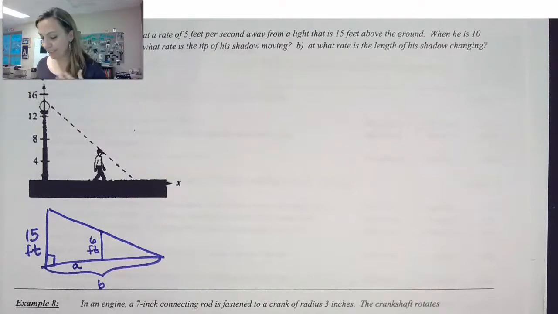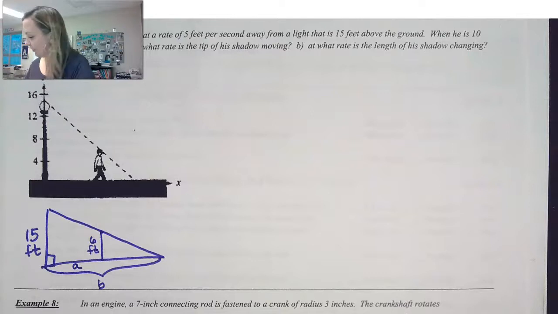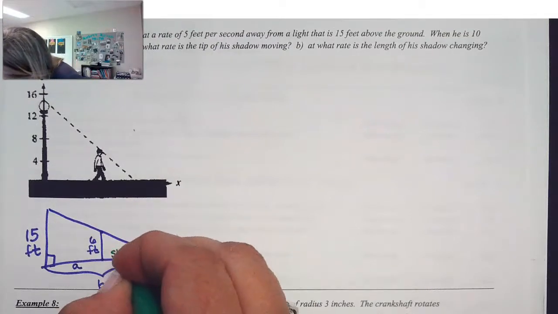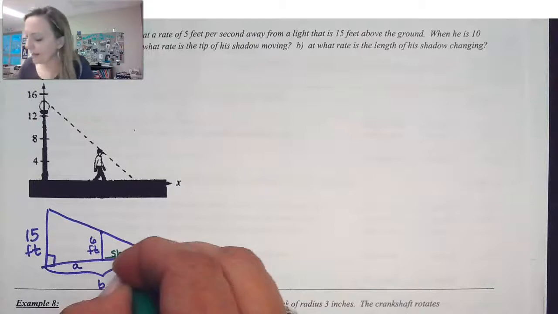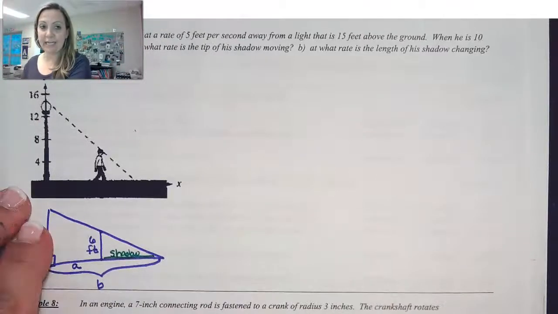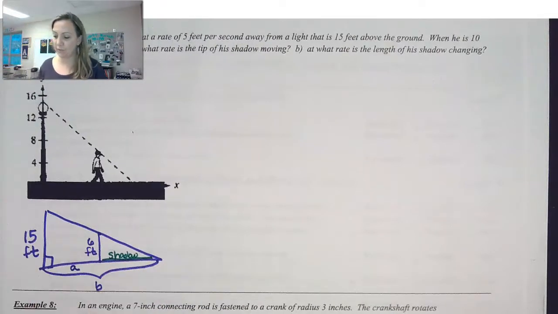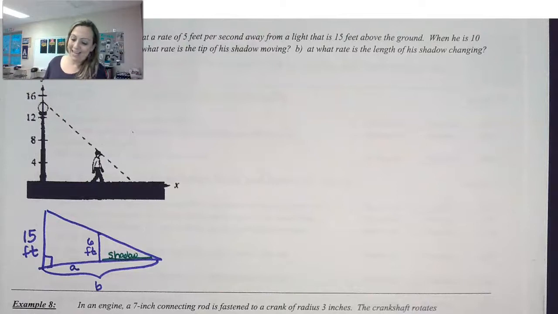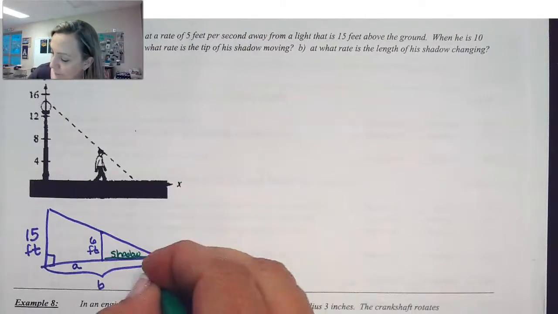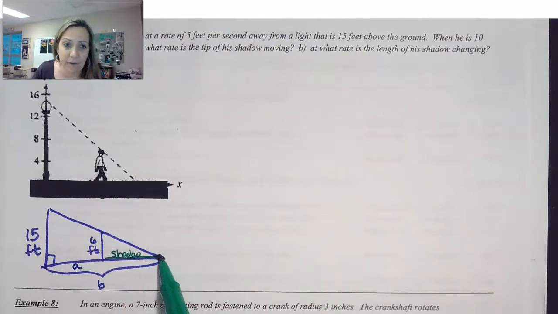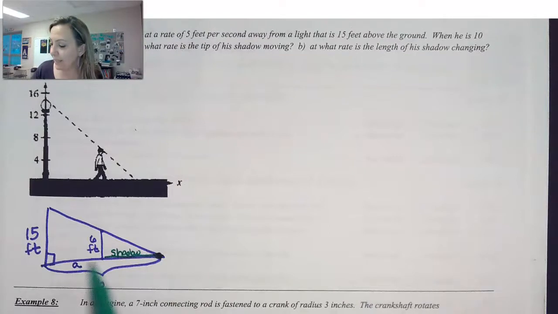When this is the person, this is his shadow here, in green. The light is shining on him, and that's creating the shadow over here. So the tip of his shadow is going to be represented by B. Wherever B is, that is where the tip of his shadow is.